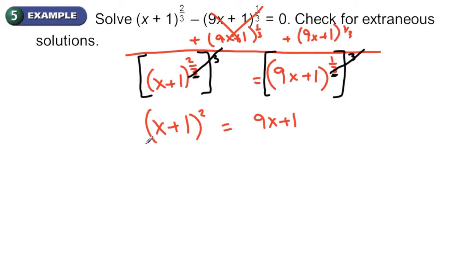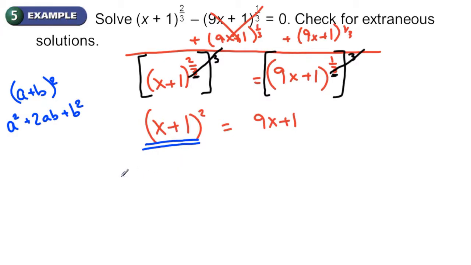Now, just like we did in example 2, I believe it was, we are going to do the a plus b quantity squared is equal to a squared plus 2ab plus b squared. This binomial square property states you square the first, you multiply the 2 together and double it, and then you square the last.